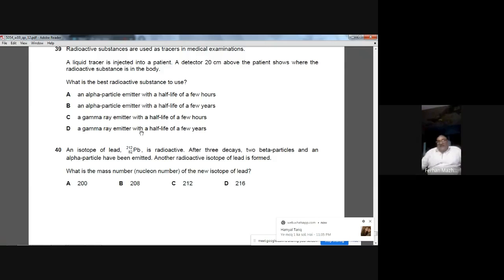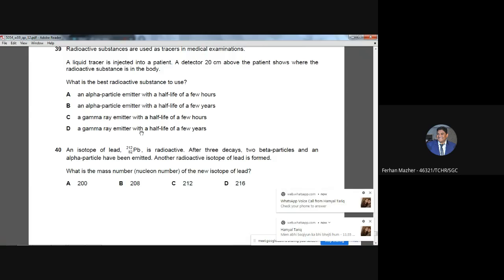Okay, whenever a beta particle is given out, there will be no change in the mass. Okay, so here two beta particles were given out.